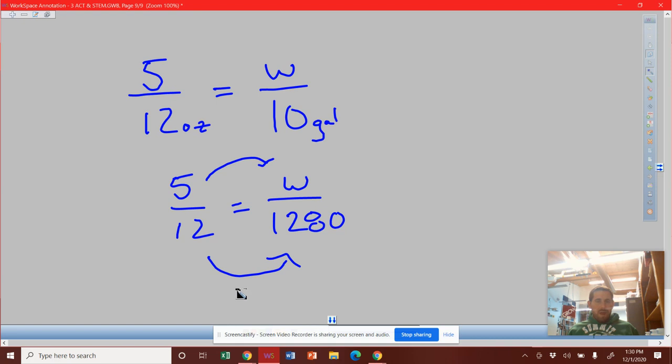So you probably found something similar to this, but that was pretty close. If you multiply 12 by 106.5, you're going to get really close to 1,280. It's not going to be perfect, but it'll be close enough. And we're probably not going to get an exact answer here, so any estimate is good.